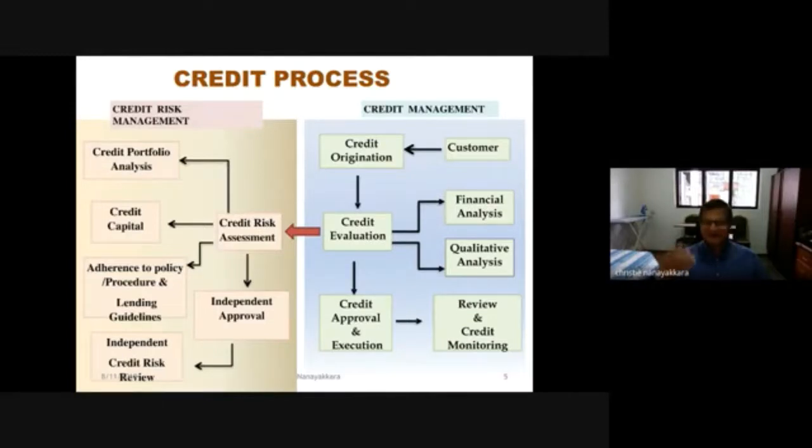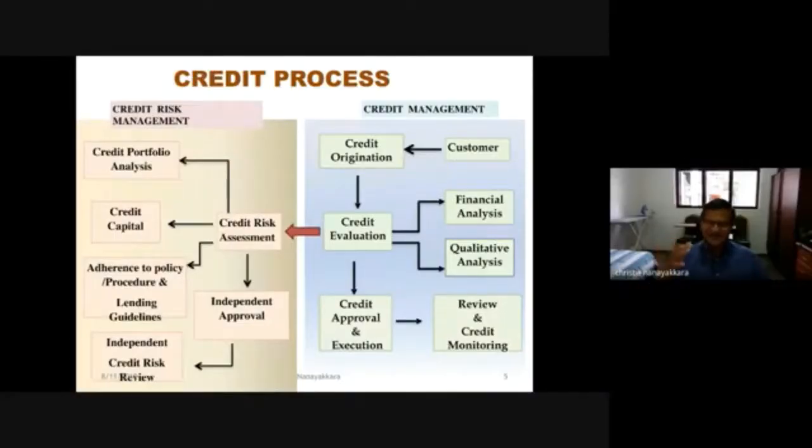So you will get the credit portfolio analysis. Then I go into another area called credit capital. Now, I want you to go back to my balance sheet. Hopefully you have also created that balance sheet, and under the liability section you have an item called equity.